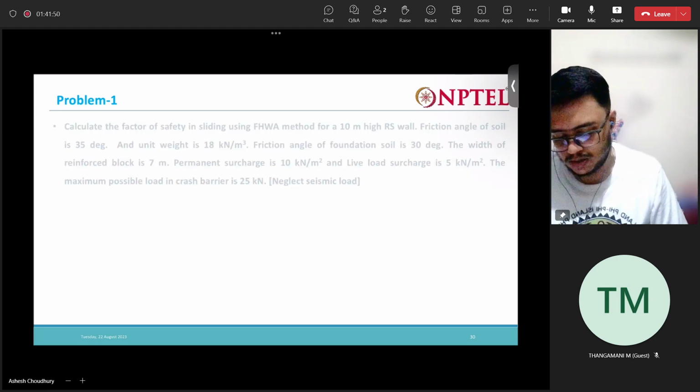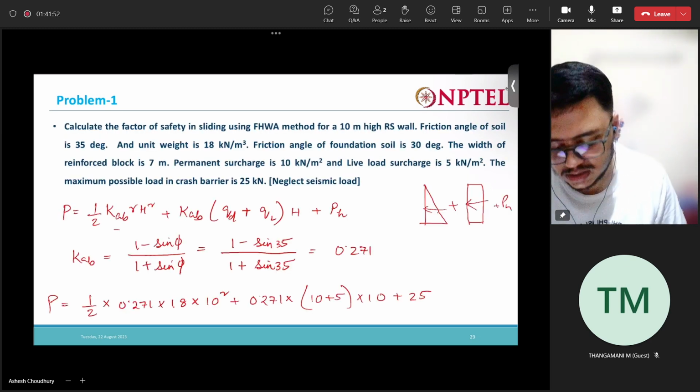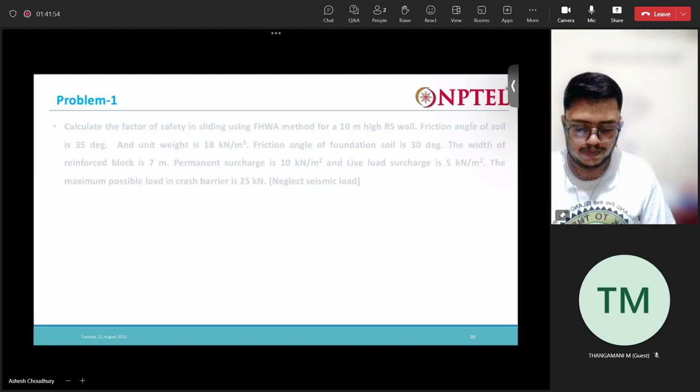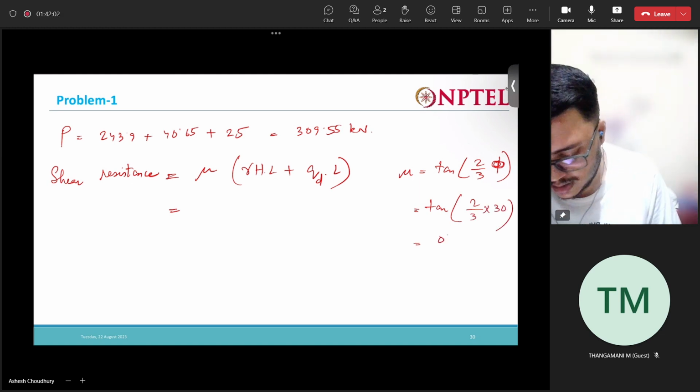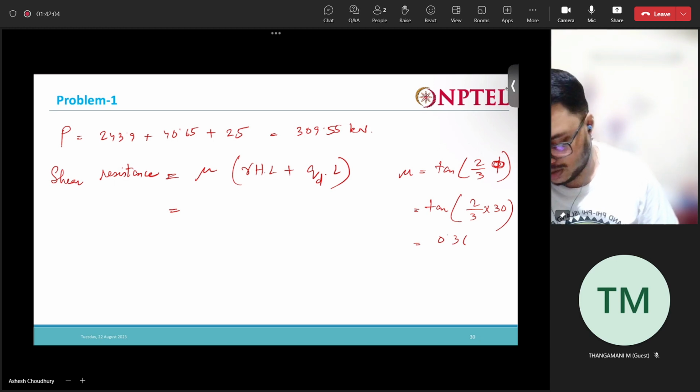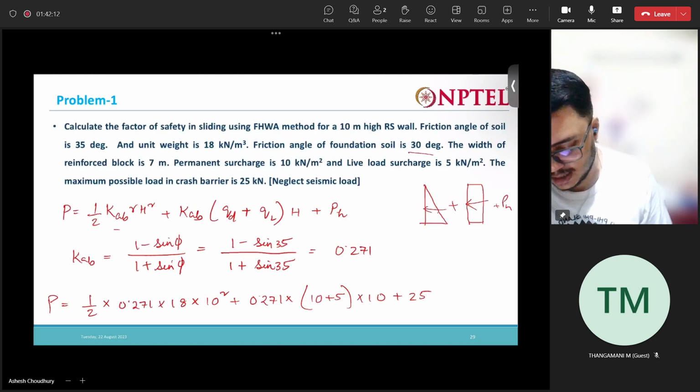In our question, the foundation soil has a phi of 30 degrees, therefore we have tan of 2/3 into 30. So this will be 0.36, then 0.36 times 18 into 10 into 7. L is the length, the width of the reinforced soil block, given as 7 meter.